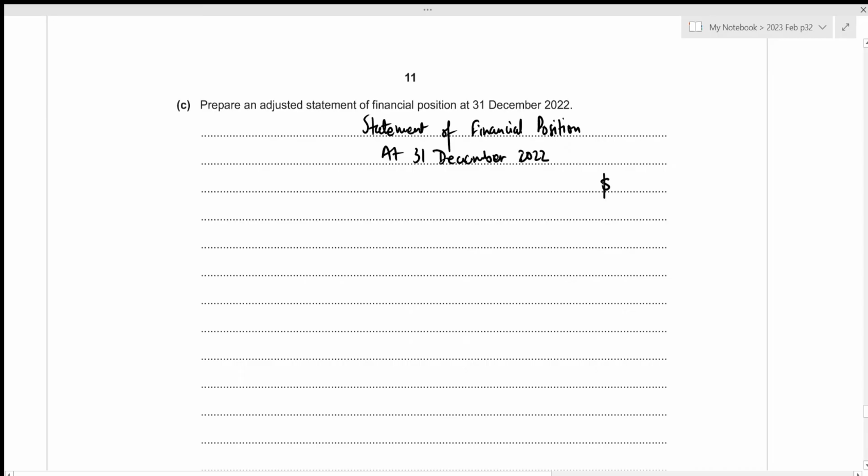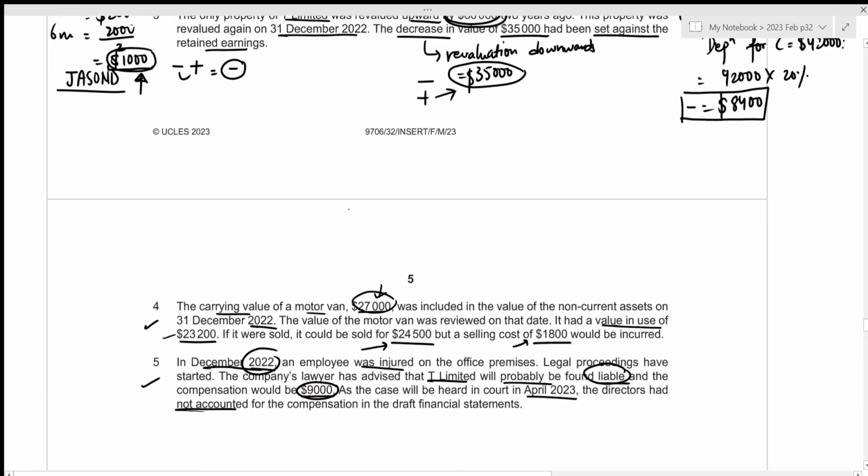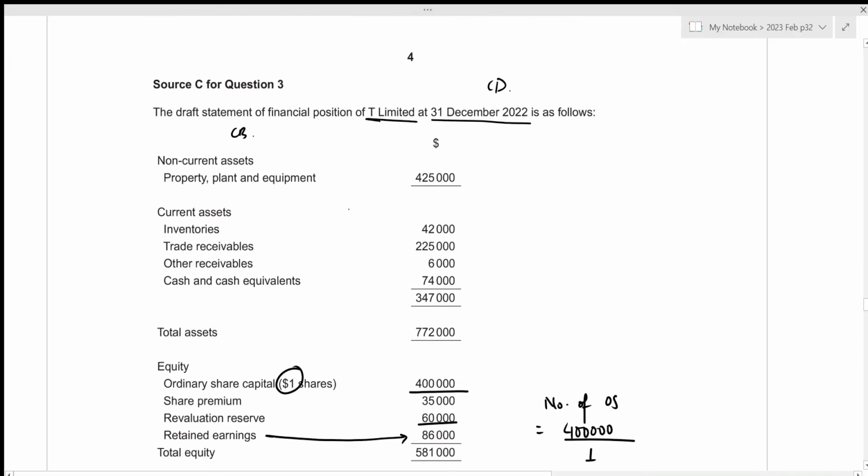Okay, we will start with our assets section, and we can start from our non-current assets. Okay, we have to make the adjustment of non-current assets according to our information 2, as well as information 3, as well as information 4, because there was impairment loss as well.